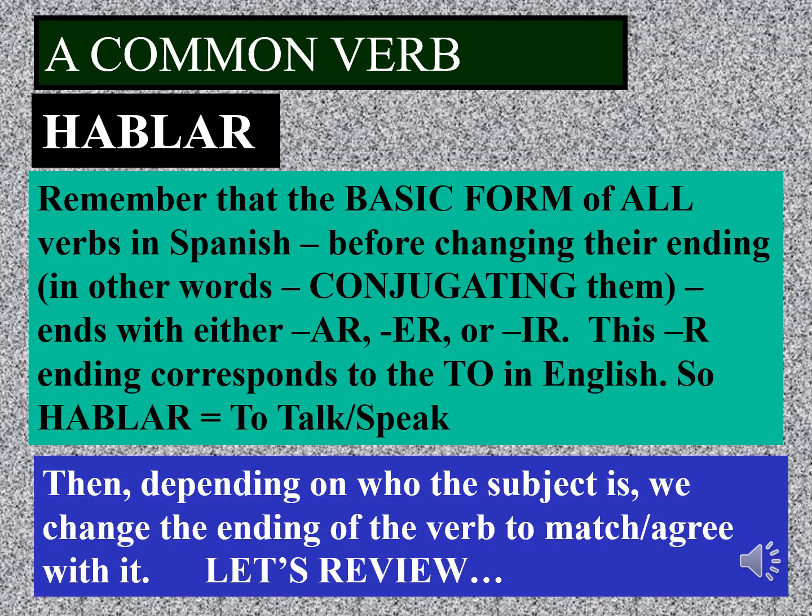This slide is just an explanation of what the word conjugation means. We take a verb, and in Spanish, the basic verbs all end in R, either AR, ER, IR, and then we look at the subject and we change the ending to the right form to correspond to that subject.